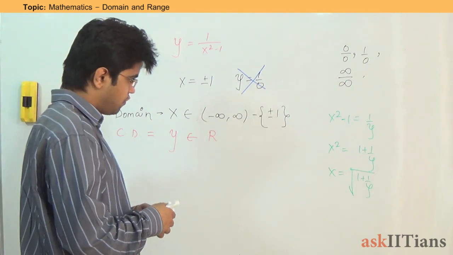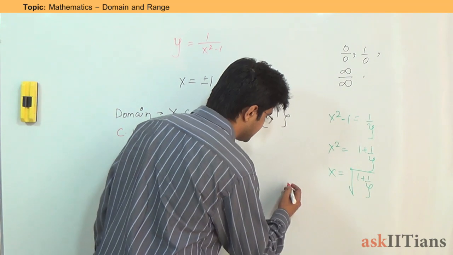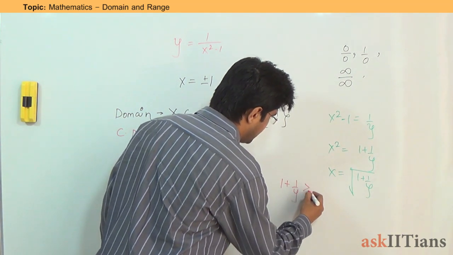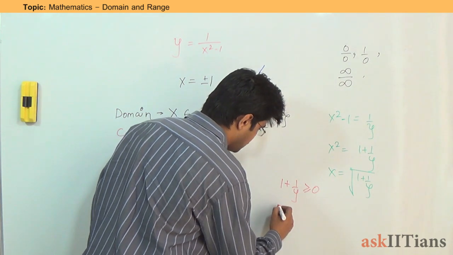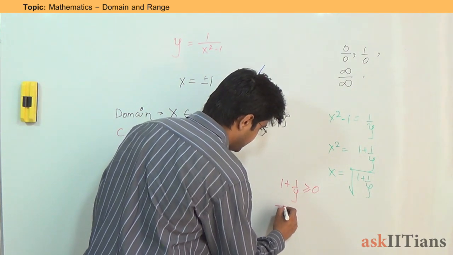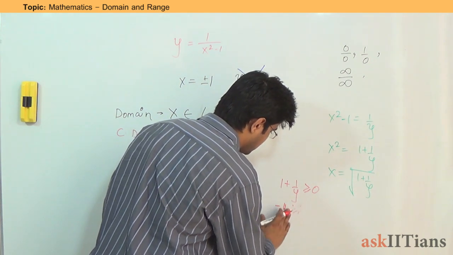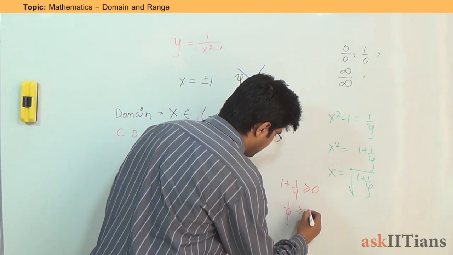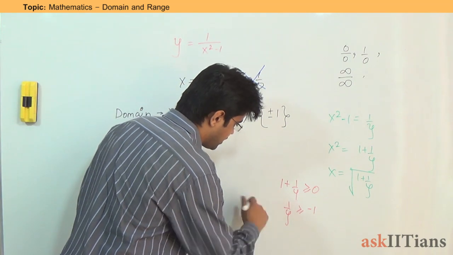Now obviously I know that 1 plus 1 upon y has to be greater than or equal to 0. If we solve this inequality, that means 1 upon y should be greater than or equal to minus 1, and if we invert it, then the inequality will change.